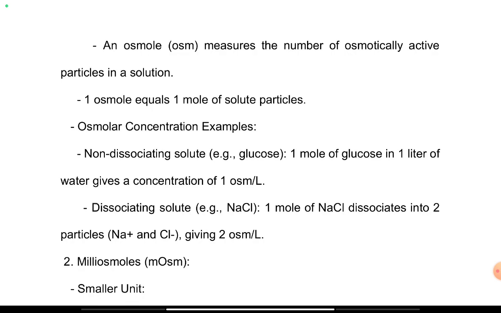As I've said, 1 osmole and 1 mole are equal, but not in all cases. They are different in a substance that has a dissociating solute. I also said that 1 mole equals 6.02 multiplied by 10 to the power 23 solute particles, which is Avogadro's constant.